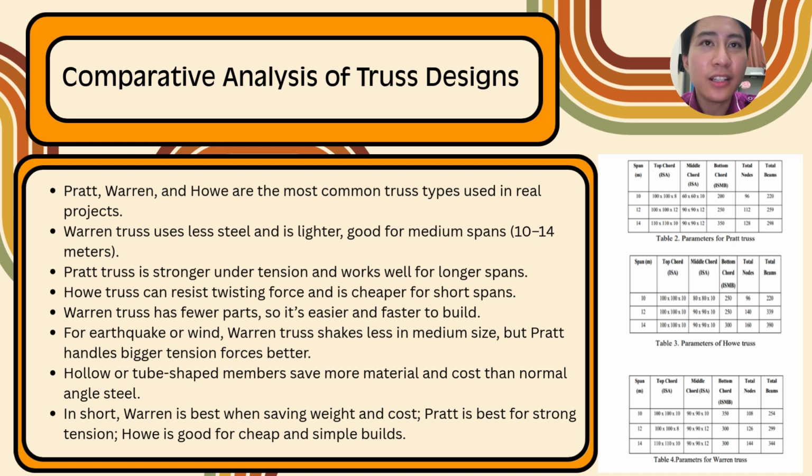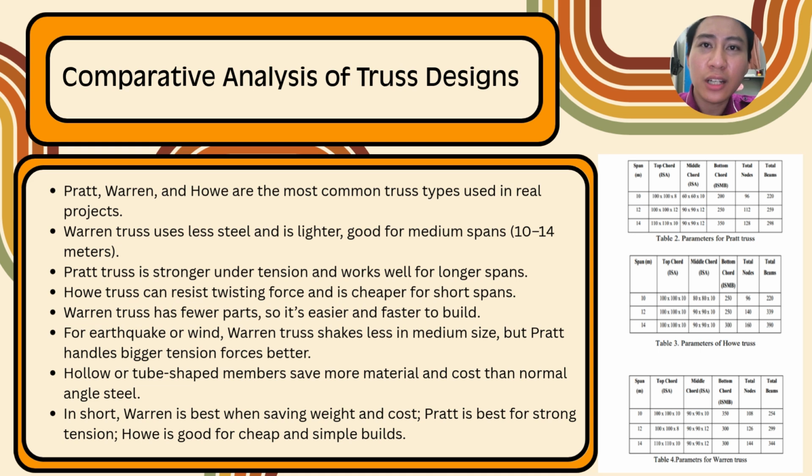Now the next topic for our literature review is the comparative analysis of truss design. The Pratt, Warren, and Howe are the most common truss types used in real projects. The Warren truss uses less steel and is lighter, good for medium spans, like 10 to 14 meters.